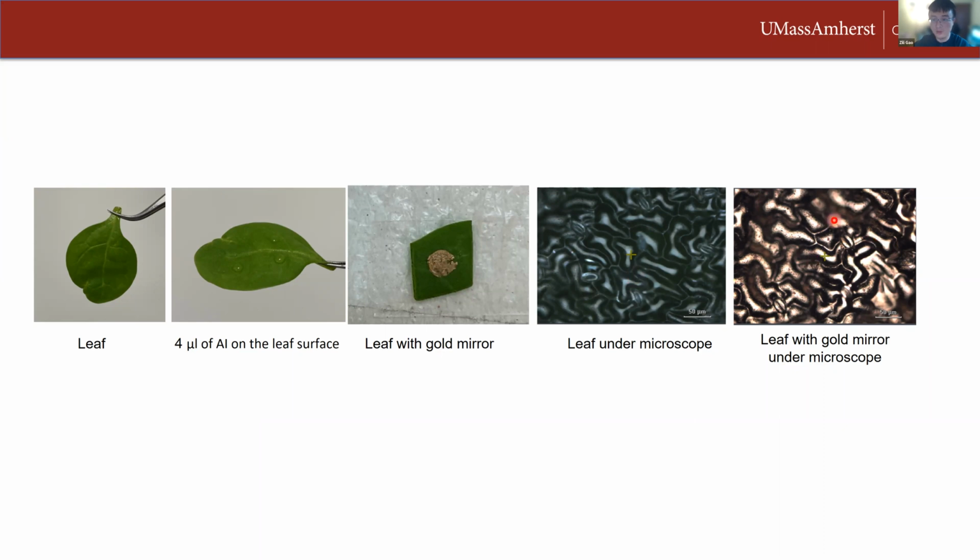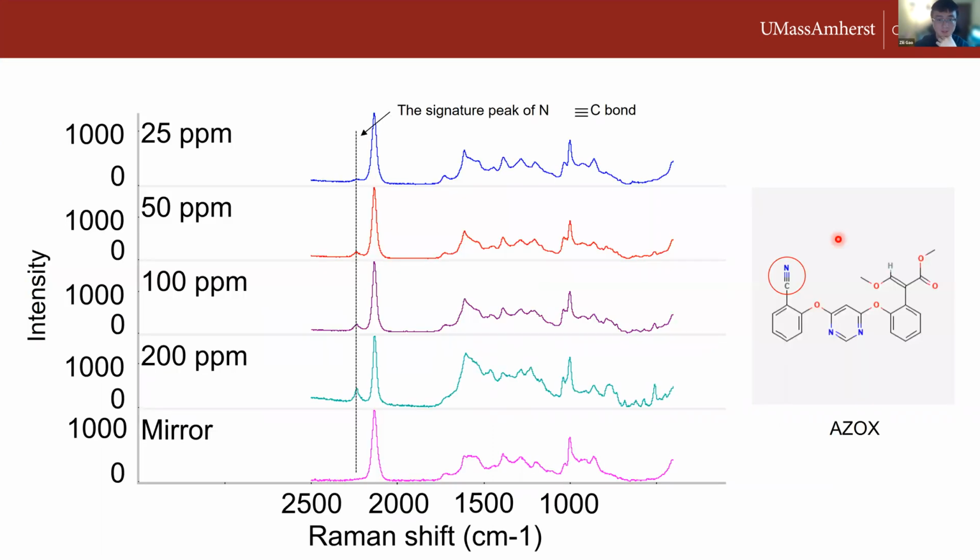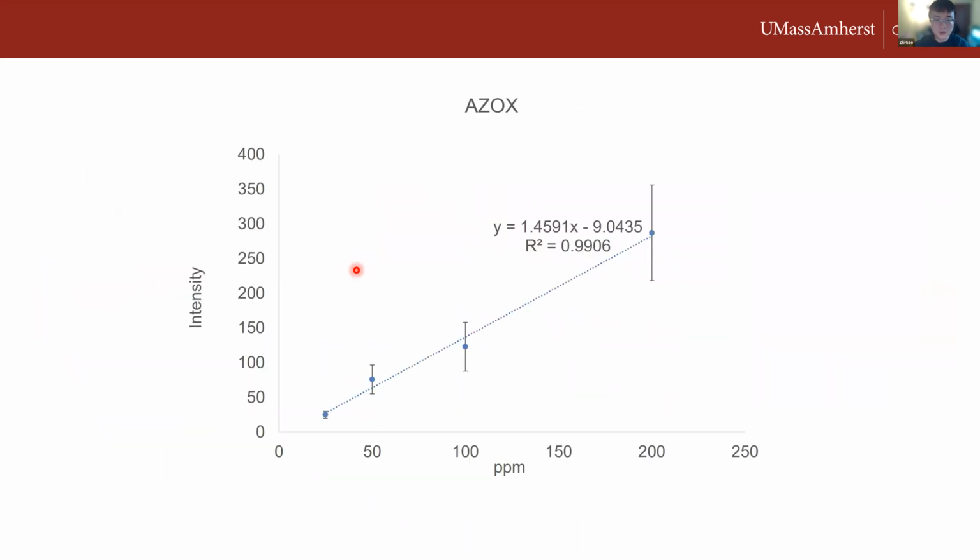And after we drop the gold mirror on it, you can see a very shiny and uniform gold layer on top of that. So with this, we will be able to see the signal coming out once again. And using this signature peak, we'll be able to generate a very good linear standard curve for further analysis.